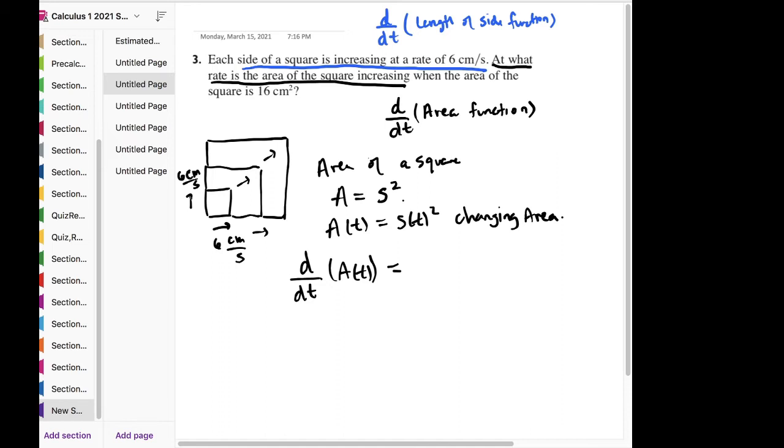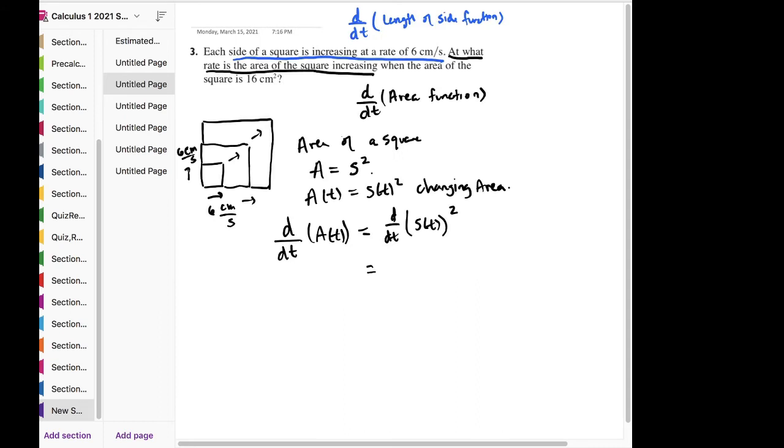What's the derivative of s of t squared? Good, yeah. This is like a chain rule. You have the function s of t, and you have the square function. I like to think of it also like implicit differentiation.